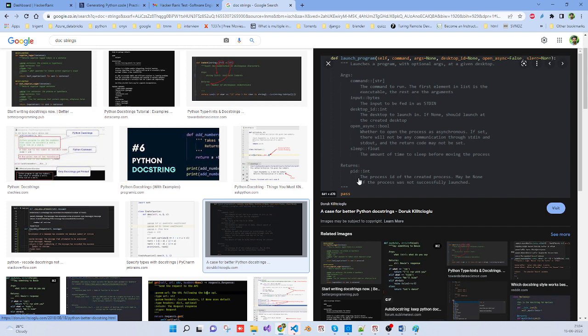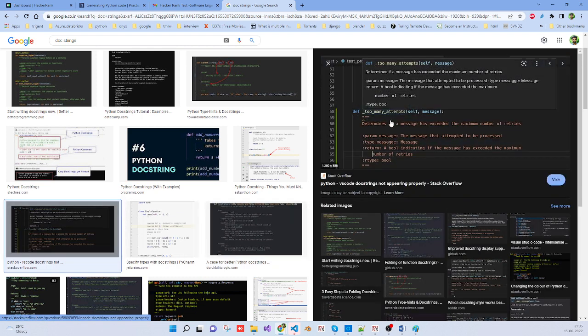Here he has written a much bigger docstring so that the other person will understand what arguments need to be passed, and what the return types are if there is any. Observe here, too many attempts, so for that the docstring determines if the message exceeded the maximum number of retries. So like this, a docstring will be mentioned clearly for that particular function. Anyway, we will discuss this when the functions topic comes. For the time being you understood about a docstring.